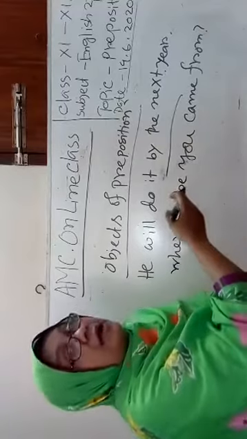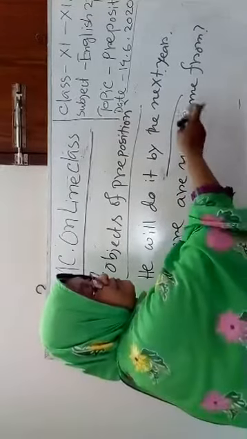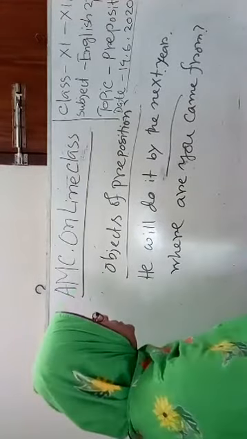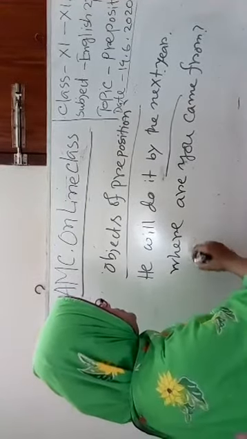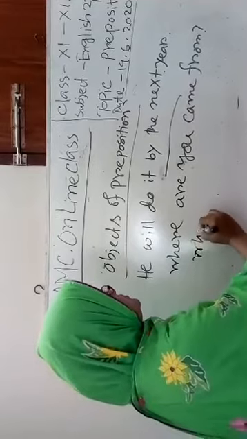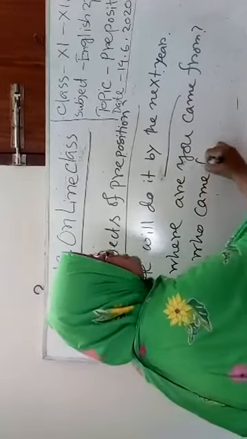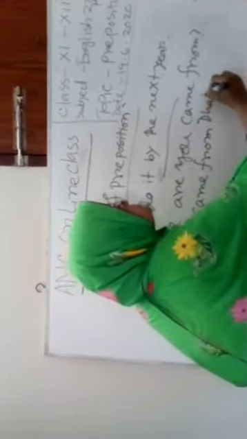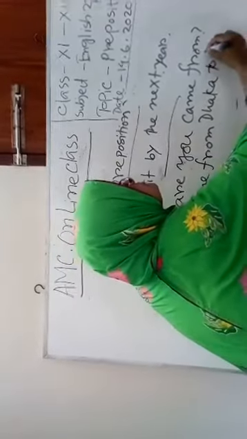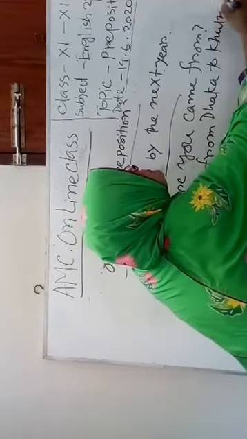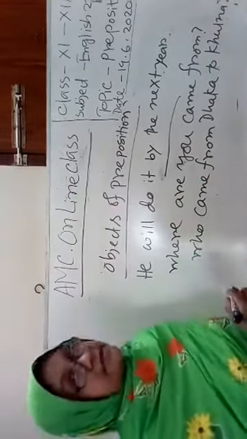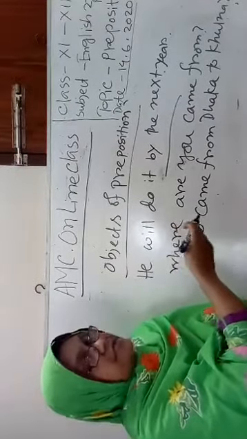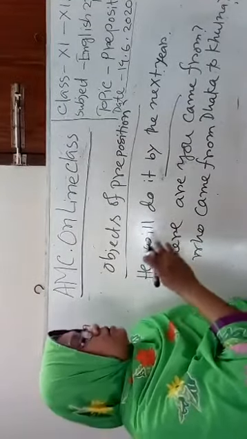This is an example of an adverb of place. And this is another example of an adverb of place, and in these two sentences an adverb of place is also used as the object of a preposition.